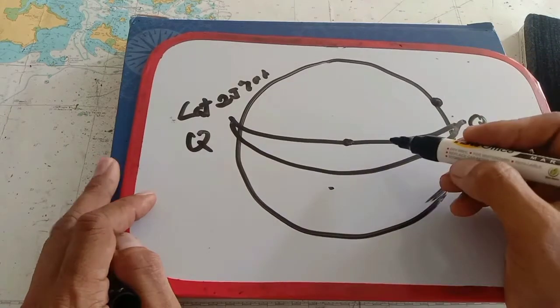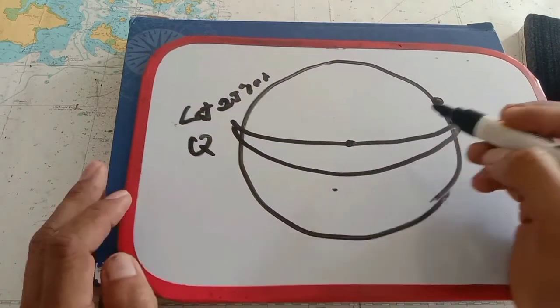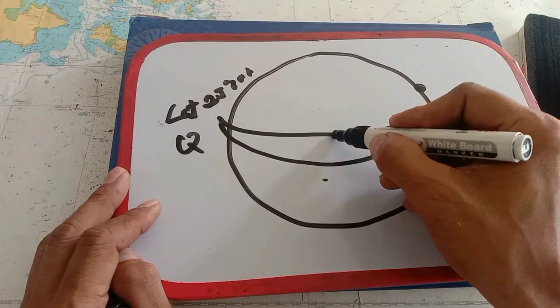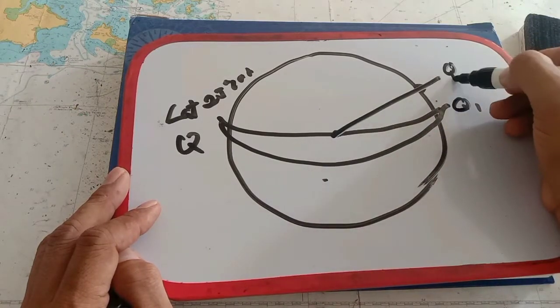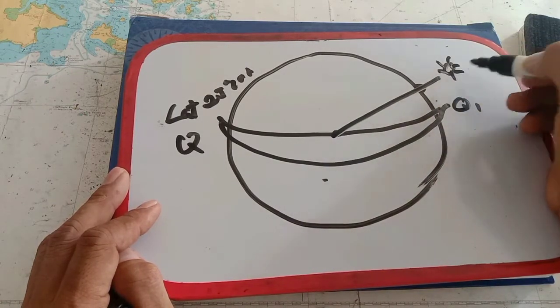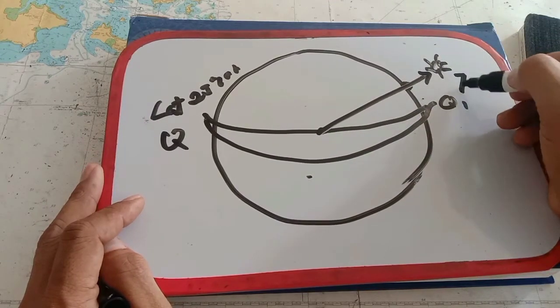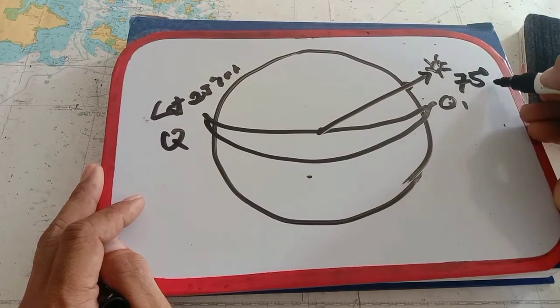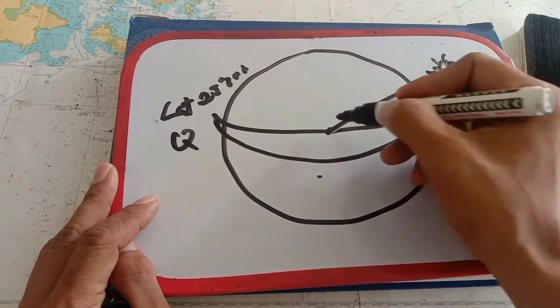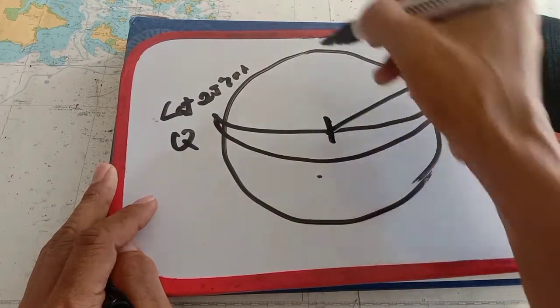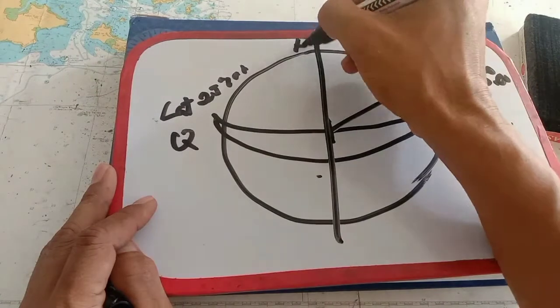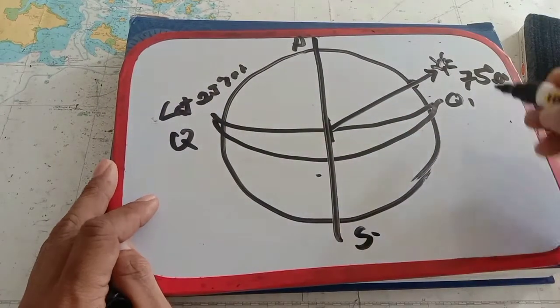So let's say the observed bearing of the sun is 75 degrees. This is the observer. This is north and this is south.